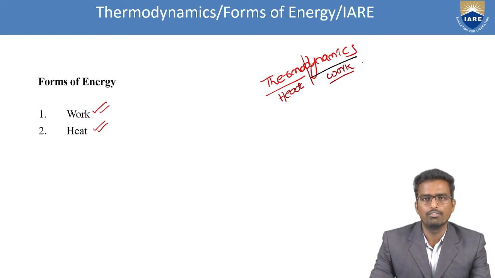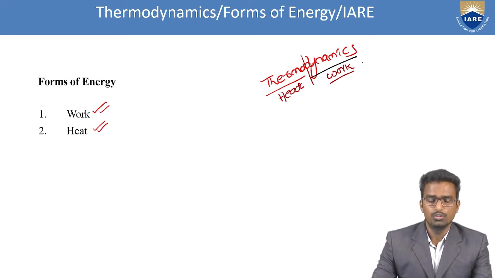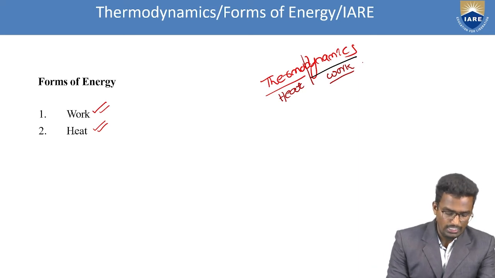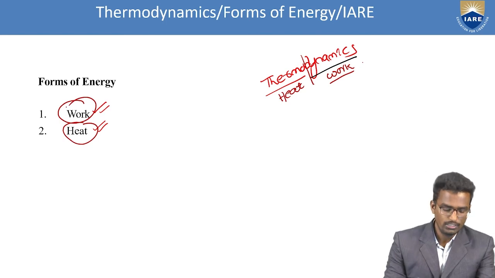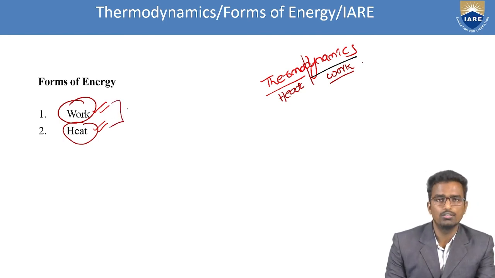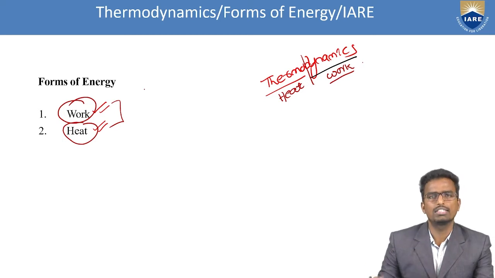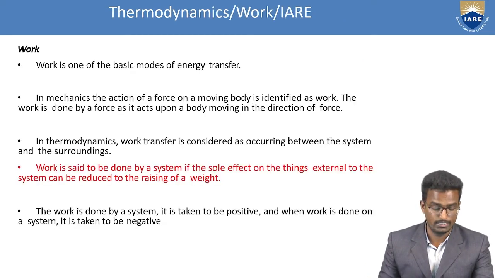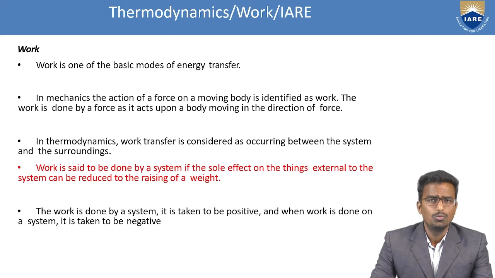That we call work. So here heat is added and we get work from that heat. That's why these two terms are very familiar in thermodynamics. So we'll discuss what is work and what is heat.